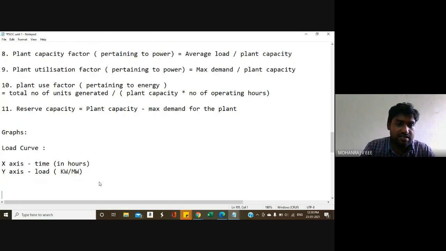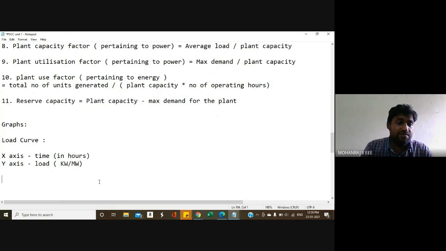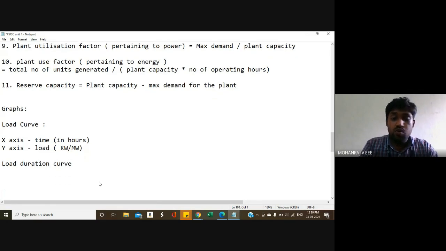Fine. Then we have one more graph, which is known as the load duration curve. Now, what is this load duration curve? In the load duration curve, the x-axis has no change, it is the time in hours.